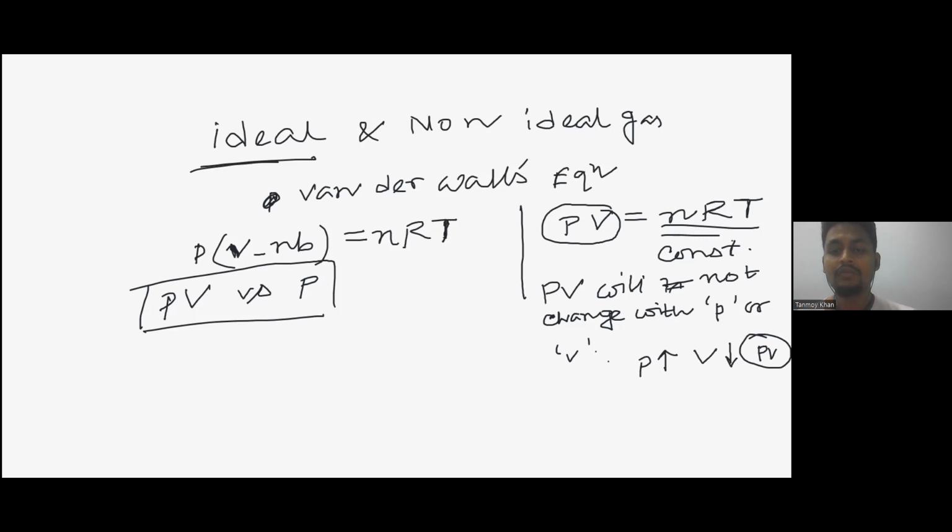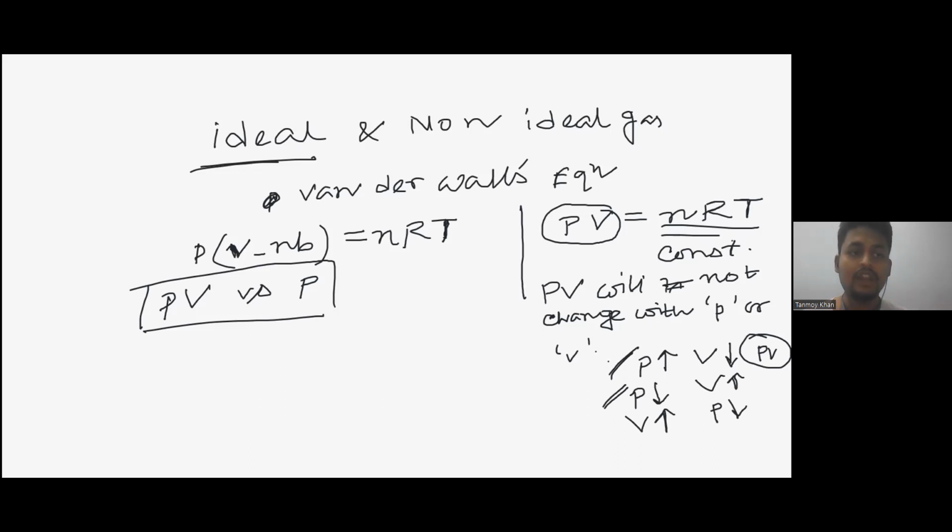If P decreases, V will increase, because that is Boyle's law. Again, if you increase V, P will decrease. So in all cases, PV will always remain constant according to the ideal gas.